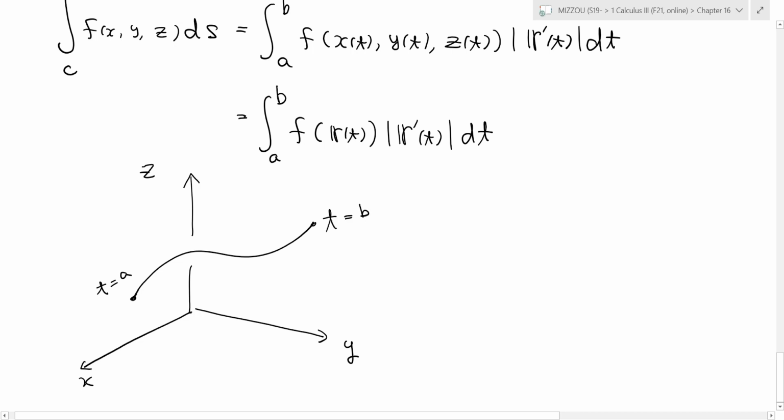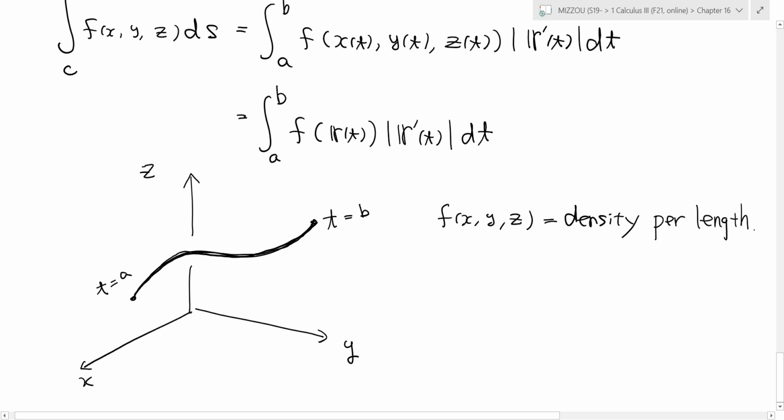And suppose this curve is some kind of wire with some weight. But the weight is not evenly distributed. Okay. But at each point on the wire, we have some density. Let's say f of xyz is a function you want to integrate, but this is the density of the wire per length.